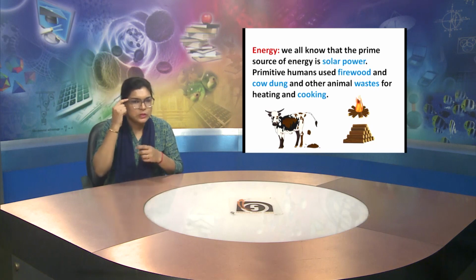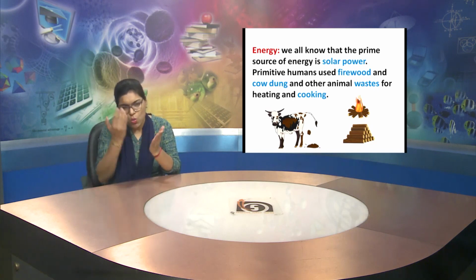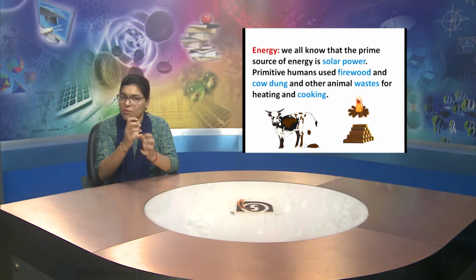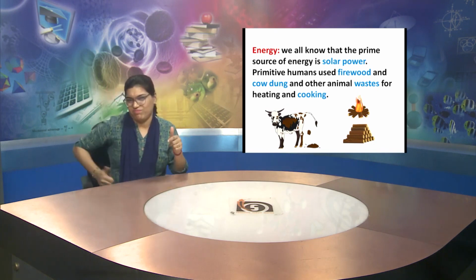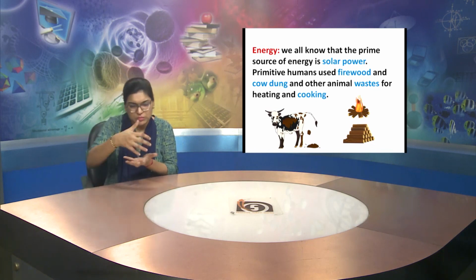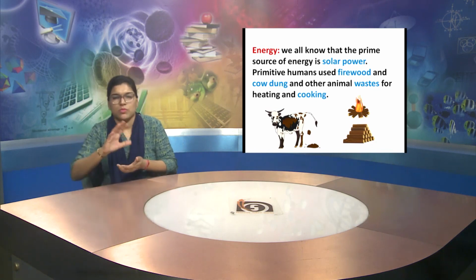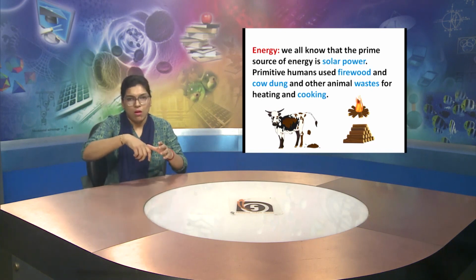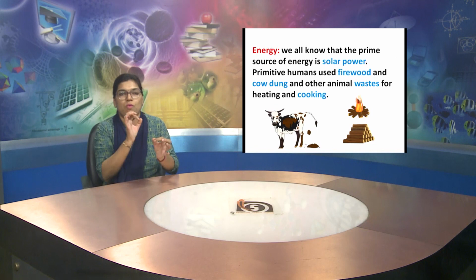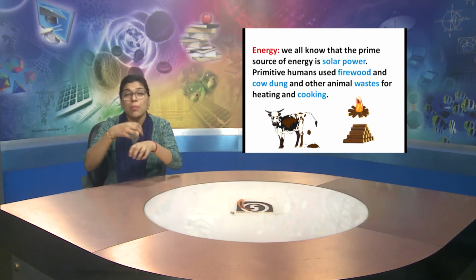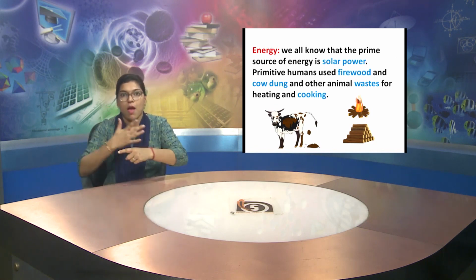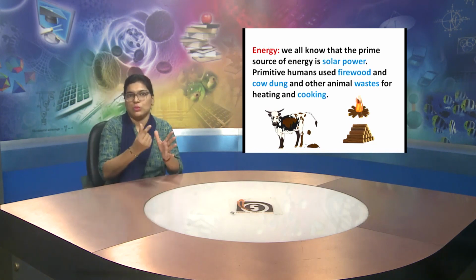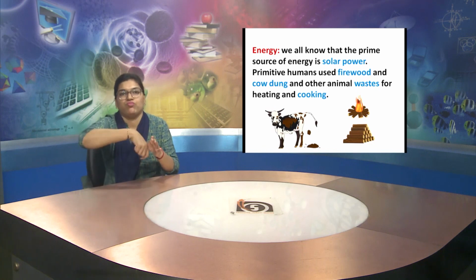The primitive humans used energy in their own ways, like they used firewood, and also they used cow dung, and also other animal waste for heating and cooking purposes. So there are different kinds of animal wastes which can be used for the production of energy.